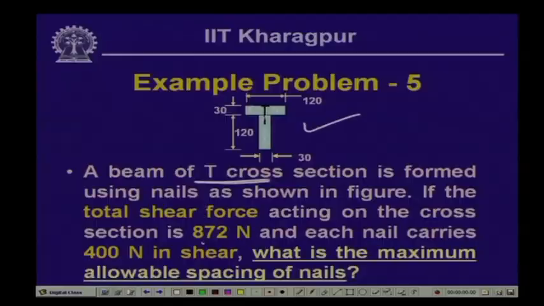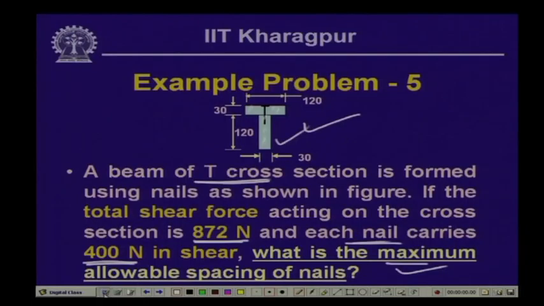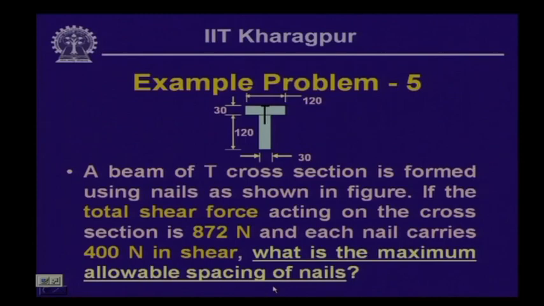The cross section is subjected to a shear force of 872 Newton, and the nail has a shearing capacity of 400 Newton. Then you have to evaluate the spacing, so that these nails do not fail against the shearing stress. This problem is given to you, we will discuss it next time, and you try to solve this problem and see whether you can get the results.